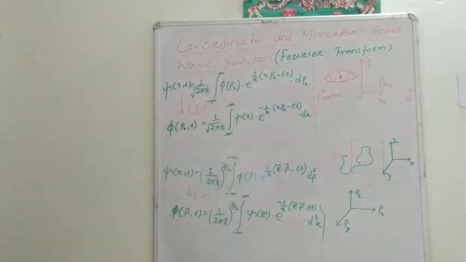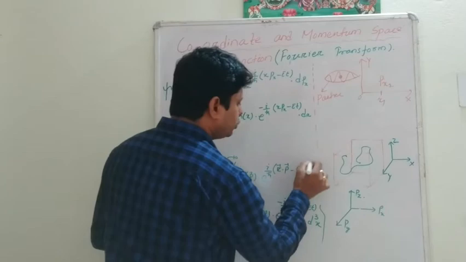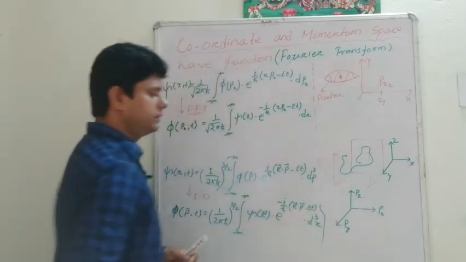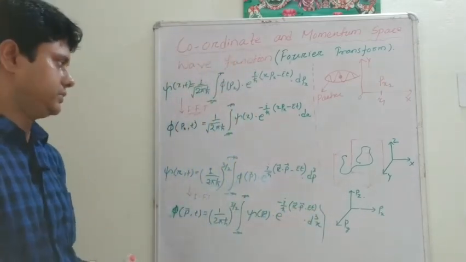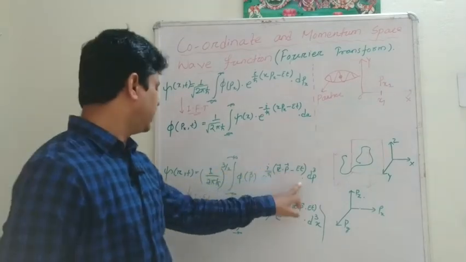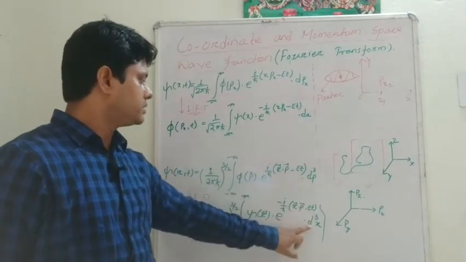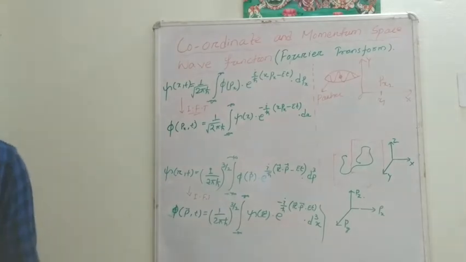Okay, so here dqp and dqx are nothing but the volume elements. This is the volume element and this is the volume element.